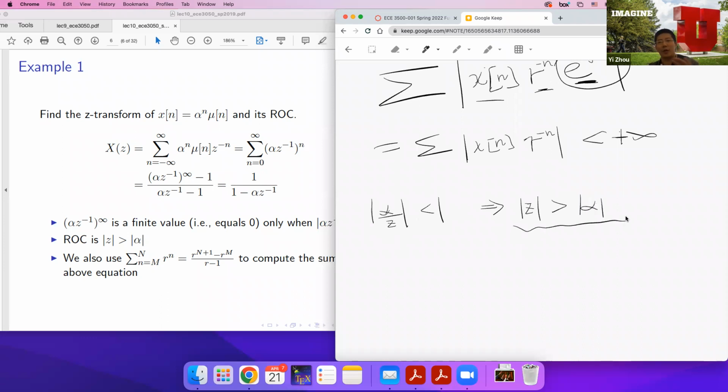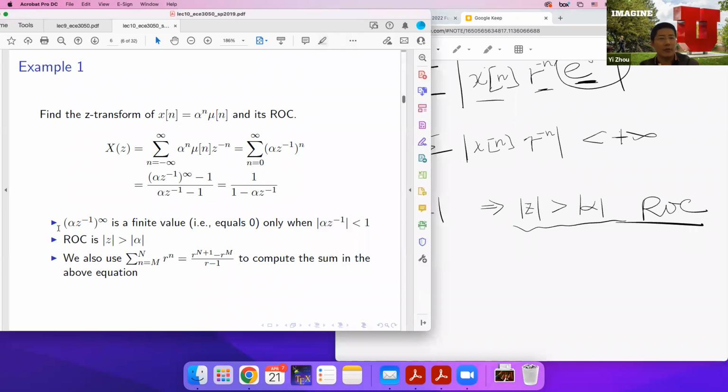So this describes a region of convergence for the variable z. Okay. So this is the ROC. And within this ROC, this term converges. And in particular, we know it converges to 0 because it has a magnitude strictly less than 1, and we are raising it to the power of infinity. So it will diminish in the end.